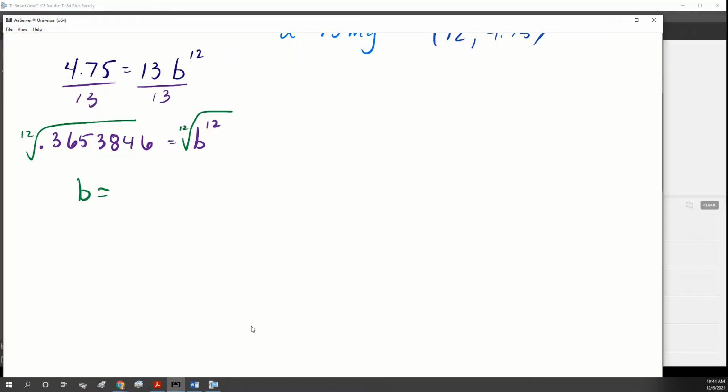Okay, so that means that our base is 0.9195. So each minute, 91.5% of the previous amount of dye is in the system. So if this is ever less than 1, then it's decaying. Okay, so let's just put that in.